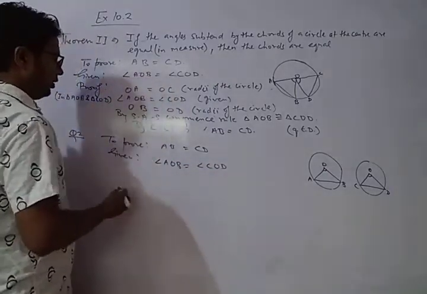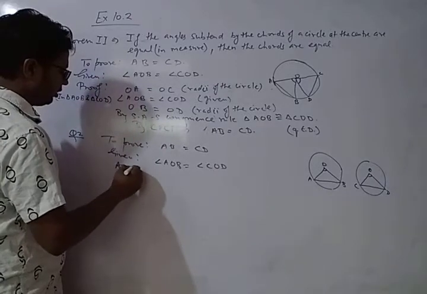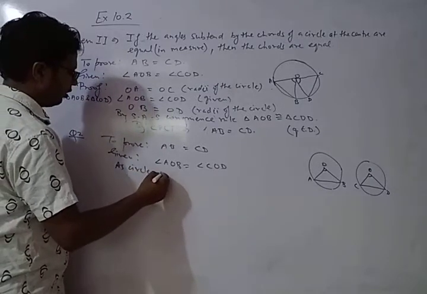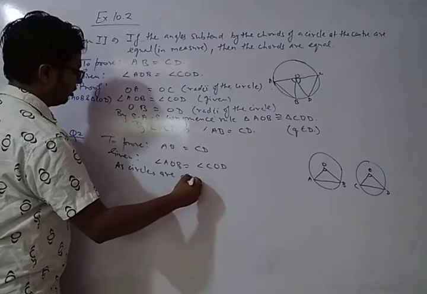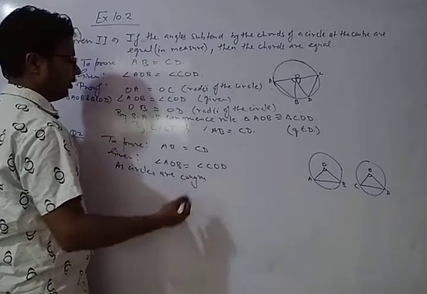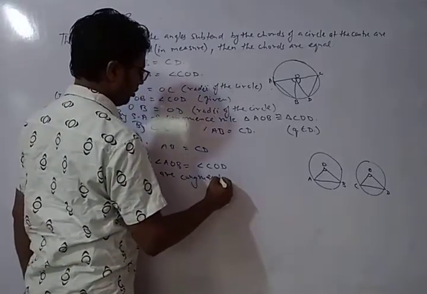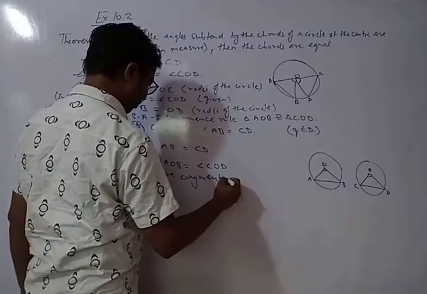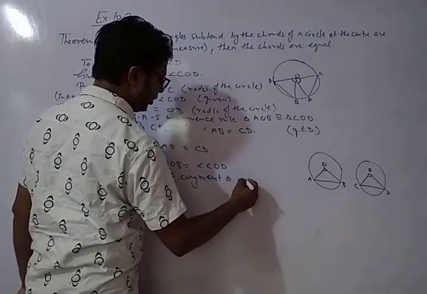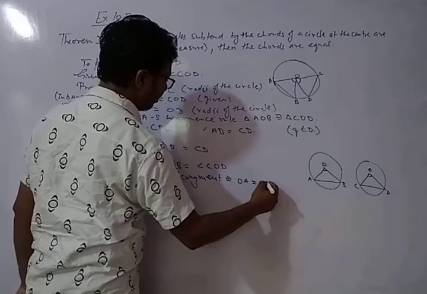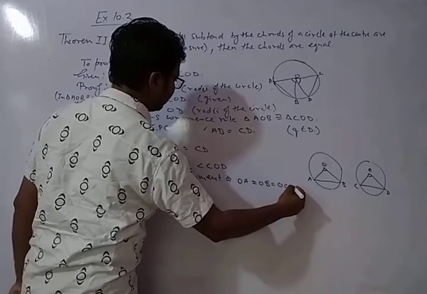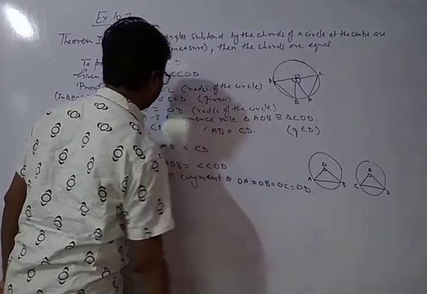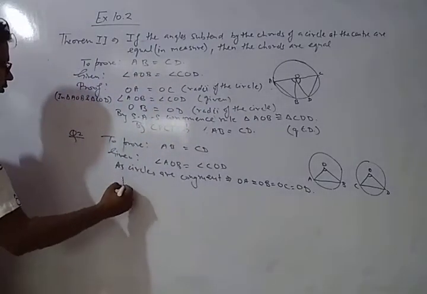Second thing, as the circles are congruent, their radii will be equal in measure. Therefore OA is equal to OB is equal to OC is equal to OD.